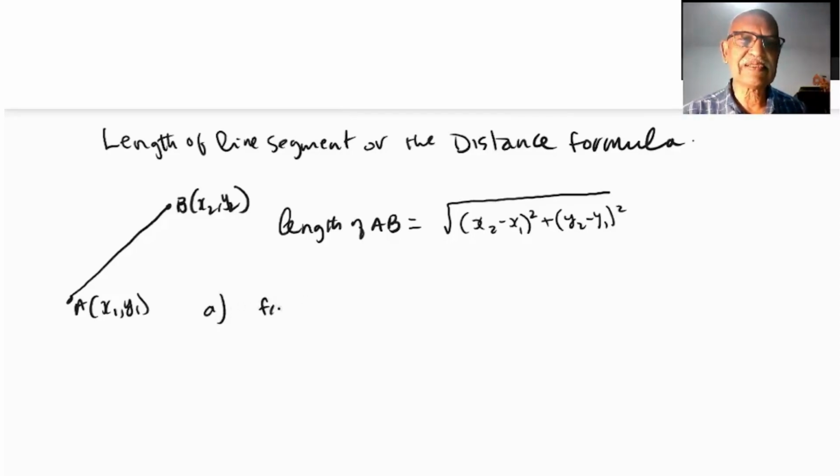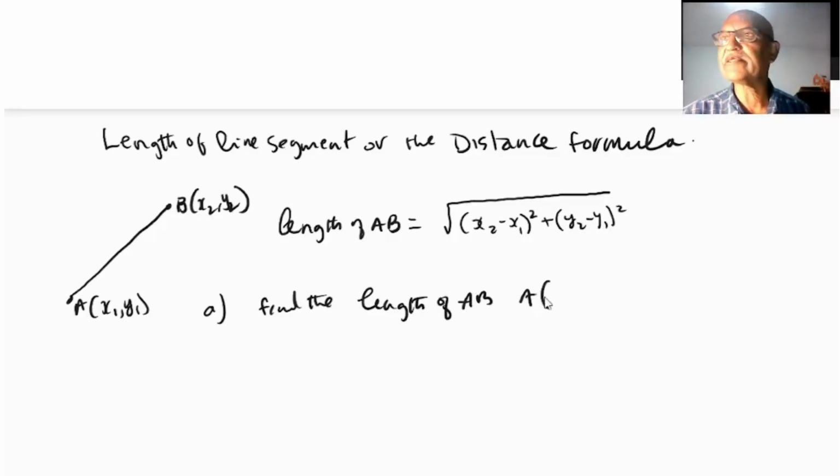Find the length of AB. If we are given A is 5, 8 and B is negative 6, 4.